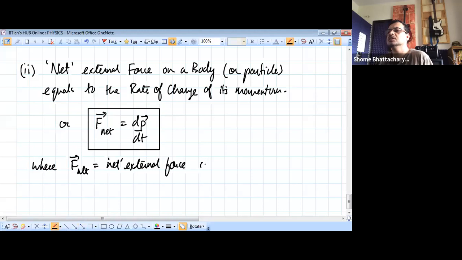In other words, it is the vector sum of all external forces acting on the body.